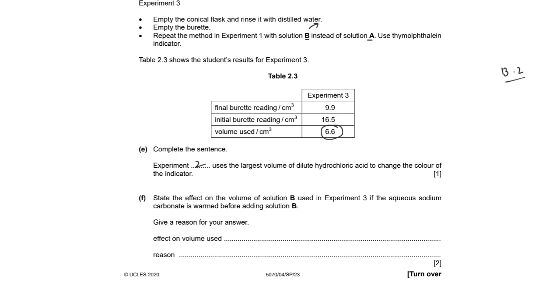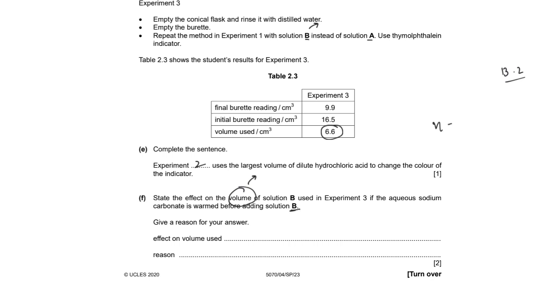State the effect on the volume of solution B used in experiment 3 if this aqueous sodium carbonate is warmed before adding solution B. Okay, nothing really would happen because even if you are heating the solution B, which is HCl, before adding for titration, that will not affect the volume that is being used. Volume depends on the concentration.